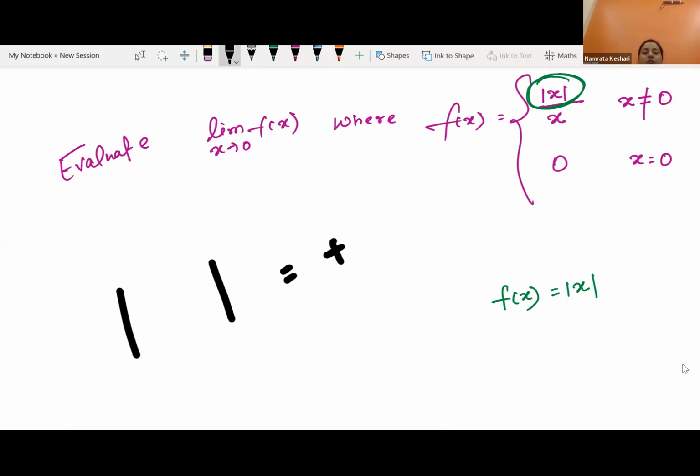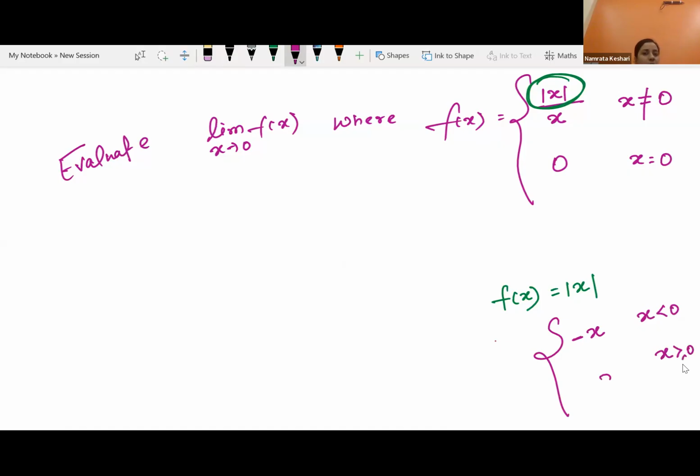If we drop a positive number, the answer will be positive. So the modulus function was defined in the previous class this way. If f of x is equal to mod x, it is defined as minus x when x is smaller than 0, and when x is bigger than or equal to 0, it is just x.